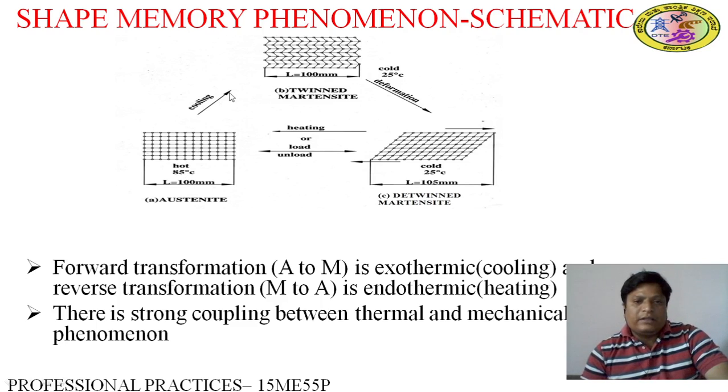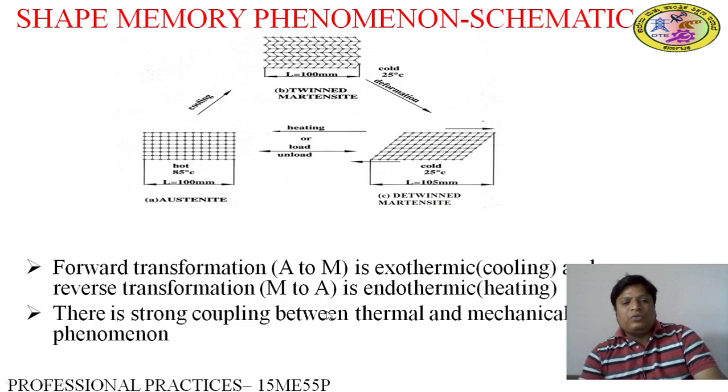Again on cooling the phase changes, and at 25 degrees Celsius the structure remains the same. Likewise, A to M or M to A, the exothermic and endothermic processes take place.